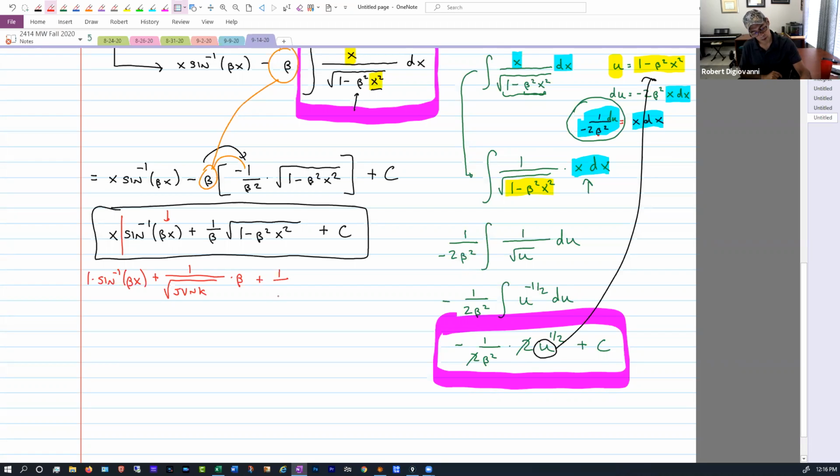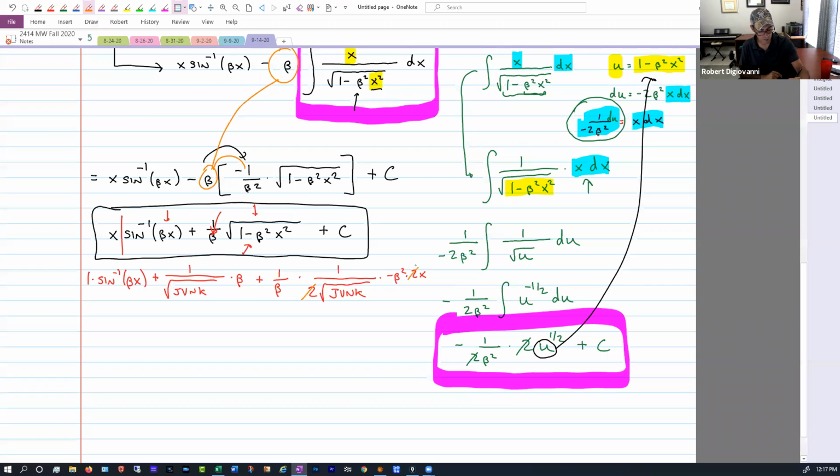Plus 1 over beta is a constant, comes for the ride. Now I need the derivative of the square root of something. The derivative of the square root of something is 1 over 2 times the square root of that something, which is that junk, times chain rule, the derivative of what's underneath the root, which turns out to be negative beta squared times 2x.